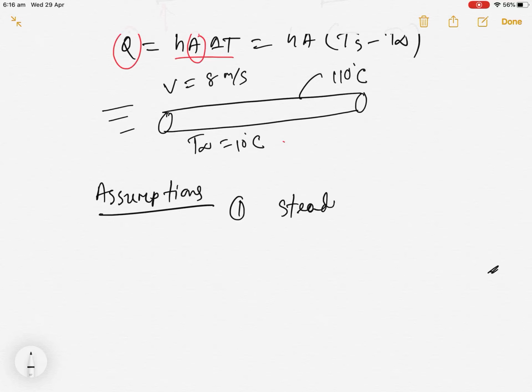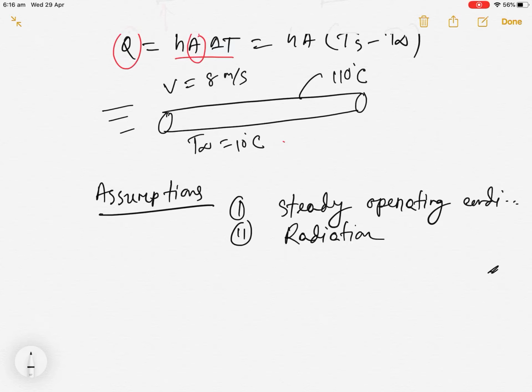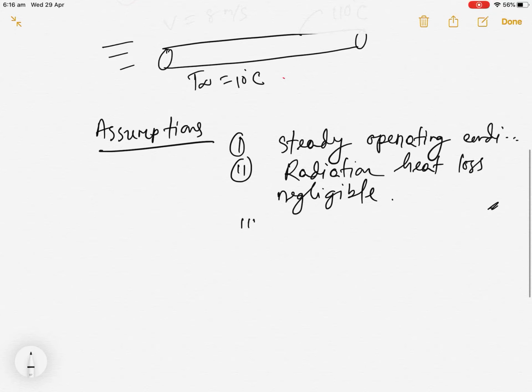The second thing is, we will not consider the radiation heat loss, so the radiation heat loss is negligible. That's two assumptions, and the other thing we can say is that the properties are constant.